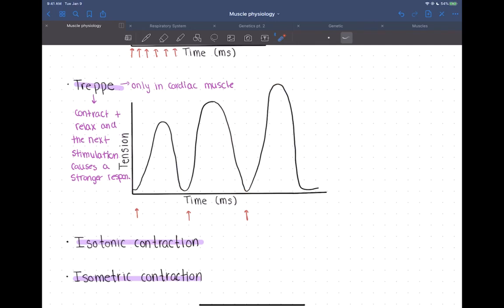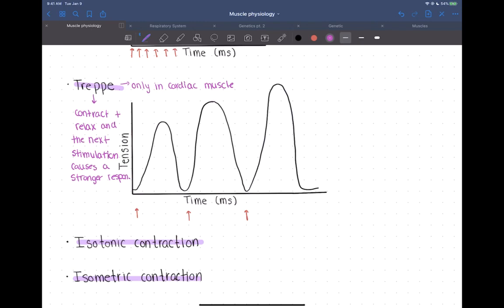And so this relates to the presence of special calcium channels in cardiac muscle cells, and so they have the ability to add more calcium into the inside of the cell, which helps to make the contraction stronger.